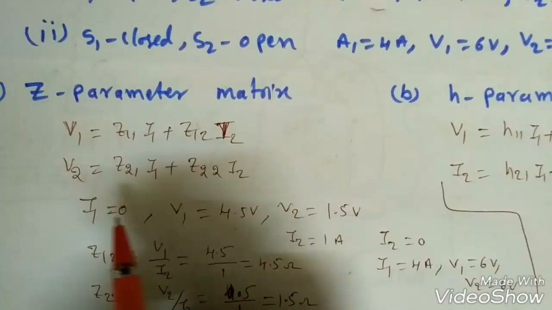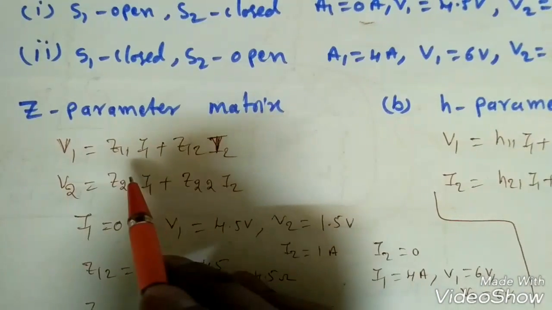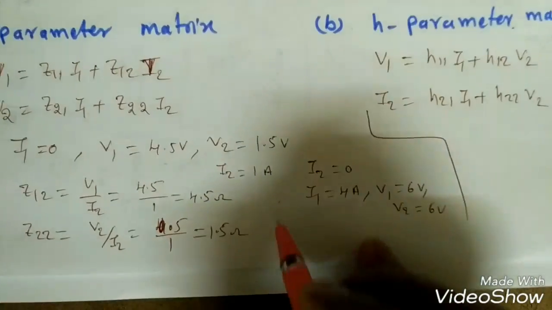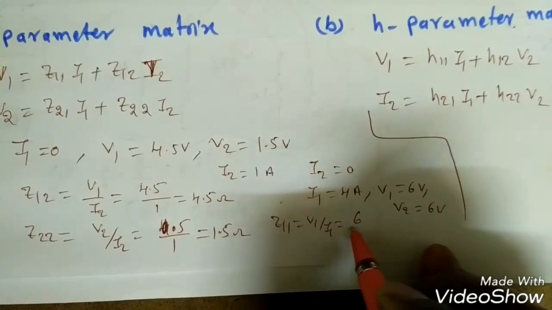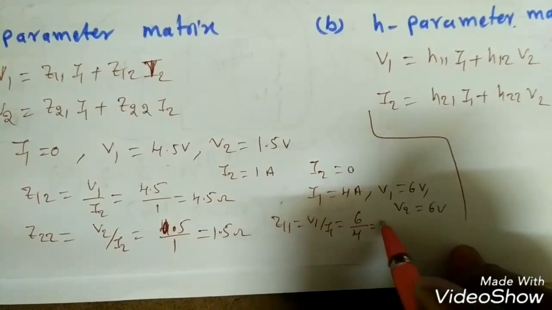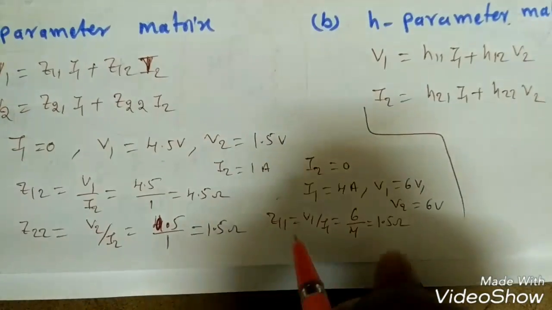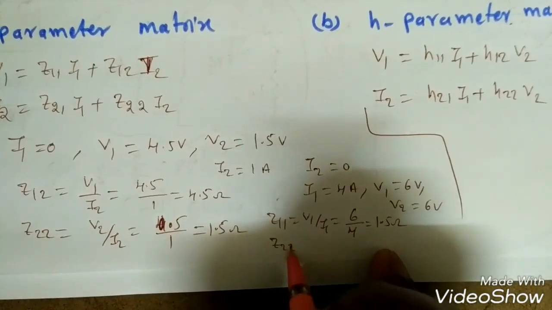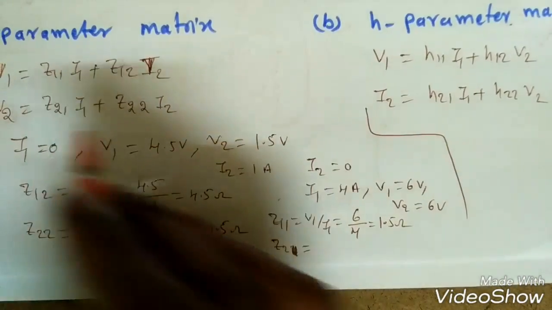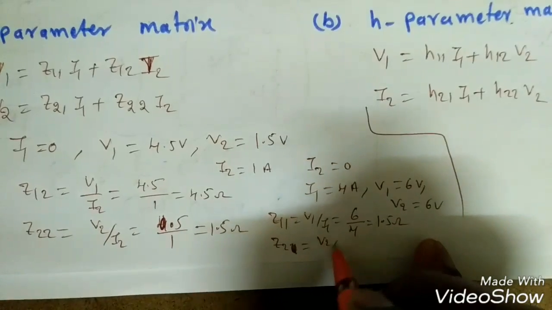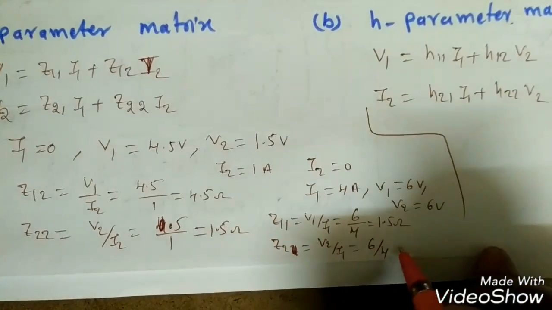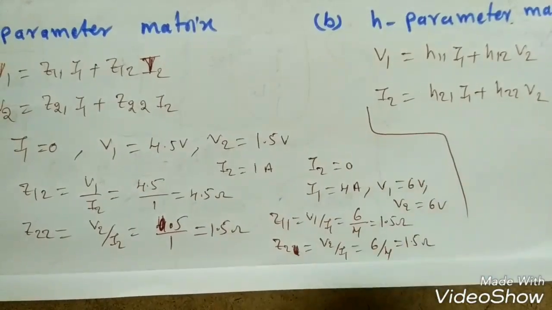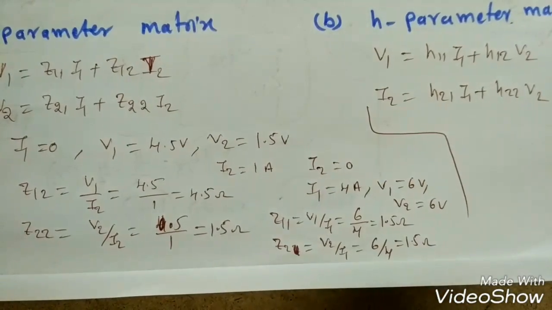Now in the equations, I2 is 0 means I will get Z11 and Z21. Z11 is V1 by I1, 6 by 4, which is 1.5 ohms. Similarly, Z21 is V2 by I1, 6 by 4, so the same 1.5 ohms. This is how to solve for the Z parameters.